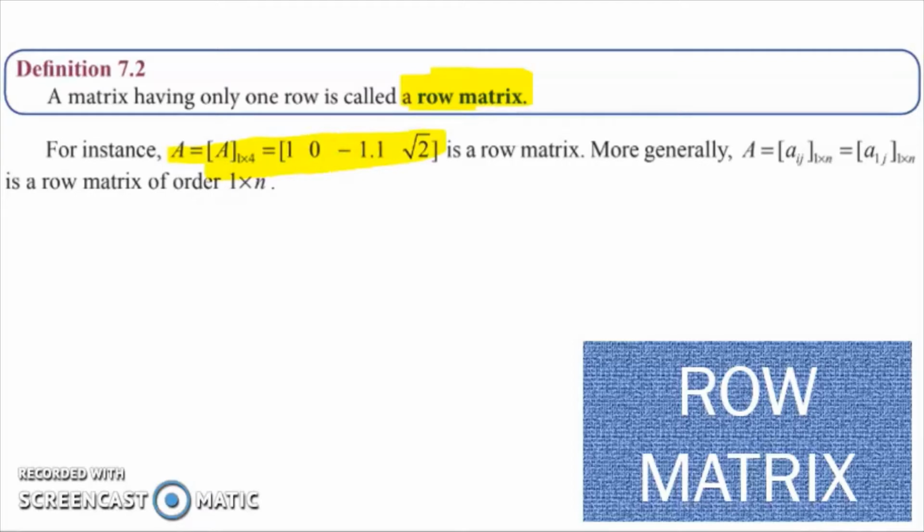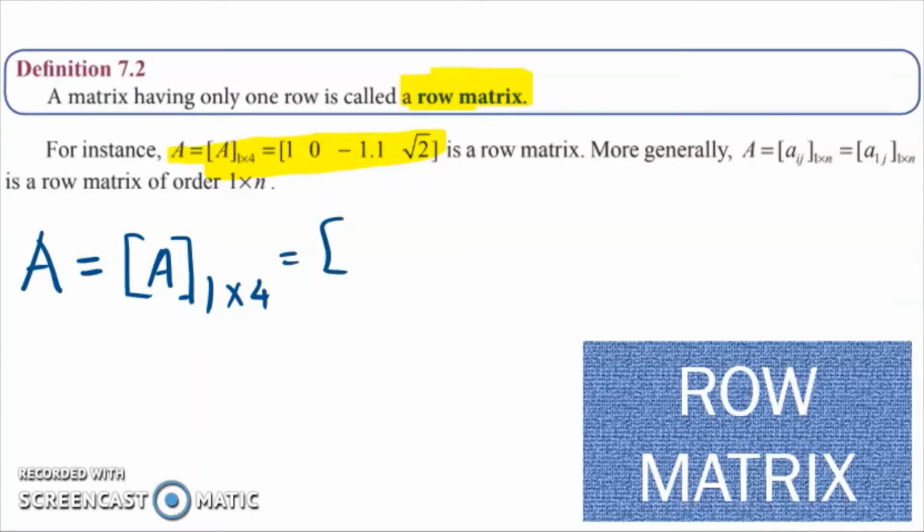And I can write it down here. Matrix A is a matrix with one row and 4 columns, and its components are 1, 0, minus 1.1 and root 2.